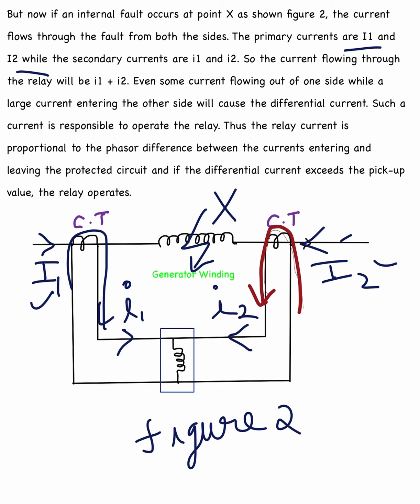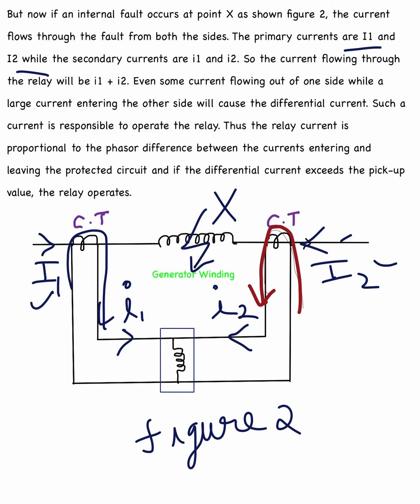Okay, so even if some current flows out of one side while a large current enters the other side, it will cause the differential current. Such current will be responsible to operate the relay.